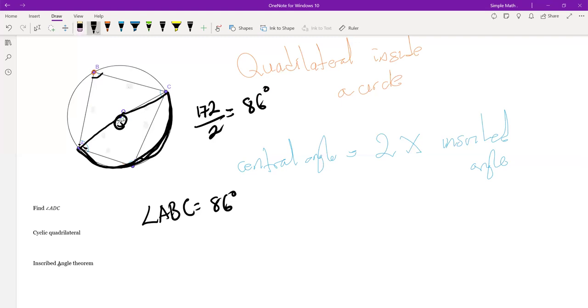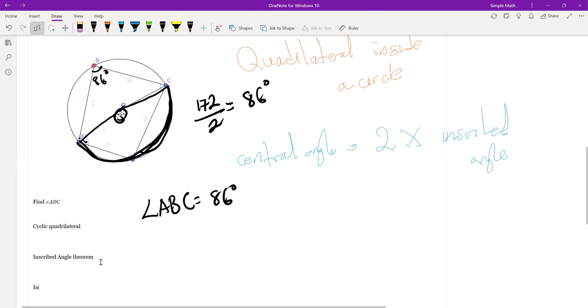All right, so this angle here will be 86 degrees. Now we can easily find the angle ADC. Now in a cyclic quadrilateral, the opposite angles add up to 180 degrees.